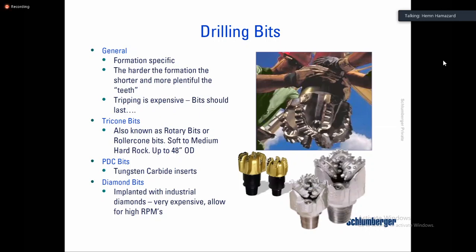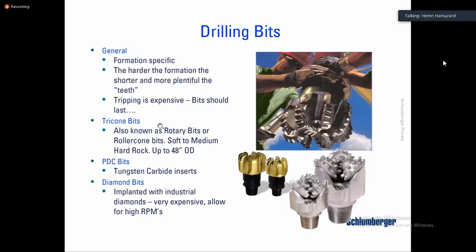So any tripping, any pulling out and running in hole, is very costly, especially if it's just because the bit cannot drill any further. That's one of the issues you need to work on as a drilling engineer to improve your bit selection. The fewer bits you use, the better, because you get rid of a lot of trips. This is why we are focusing on a long bit life and also the ROP.